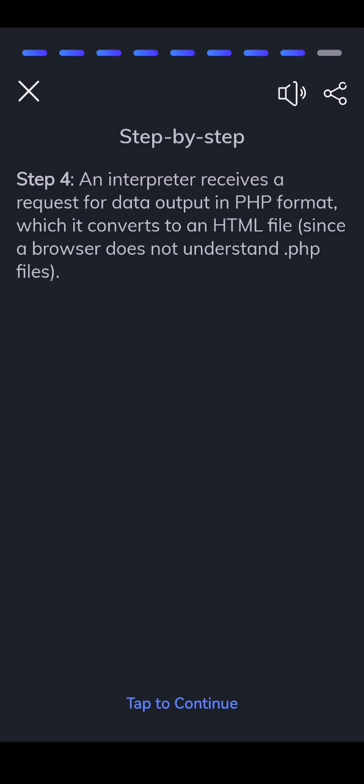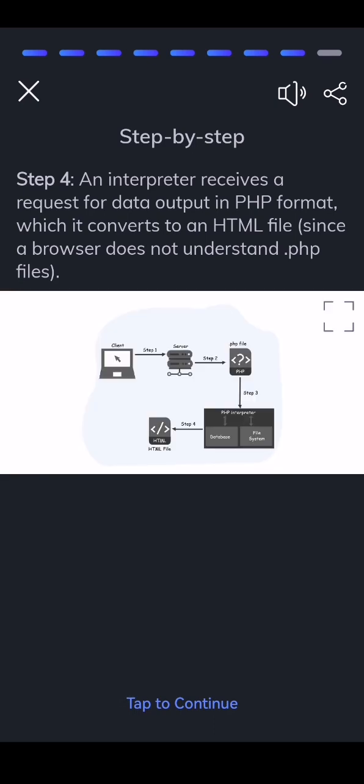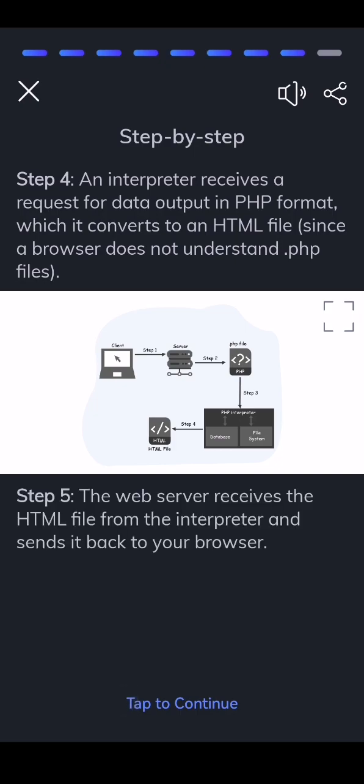Step 4. An interpreter receives a request for data output in PHP format, which it converts to an HTML file, since a browser does not understand PHP files. Step 5.